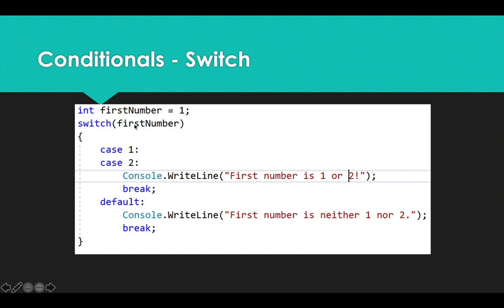And the reason is that case 1 does not have a break associated with it. So if you have multiple cases that do the exact same thing, all you have to do is not have the break in any of the first cases, and they can just fall through to whatever the next case is.